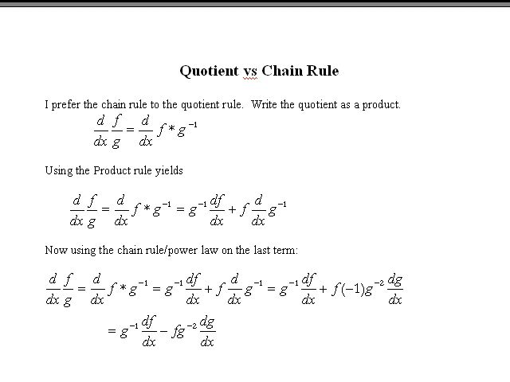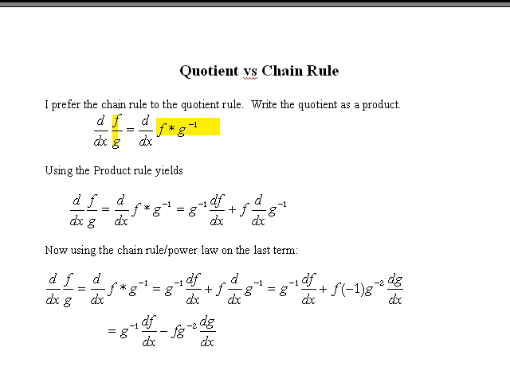Most books list a quotient rule, and I think it's easier to use the chain rule, or a combination of the product and chain rules. So if I have f divided by g here, I could just as easily write f times g to the minus 1.